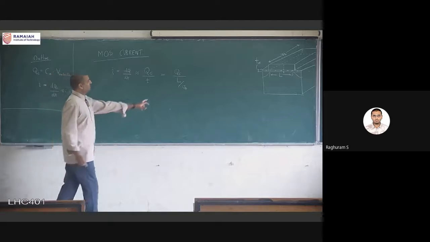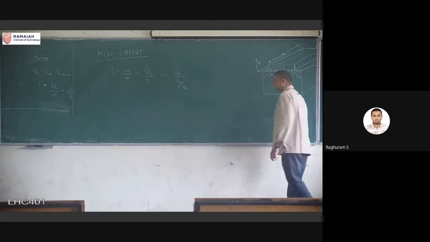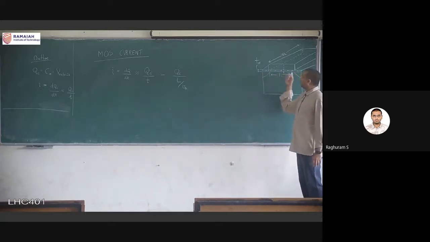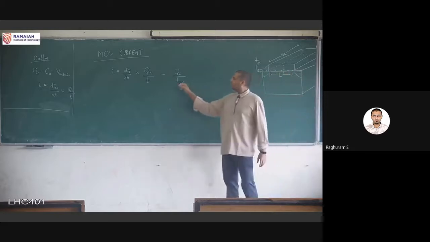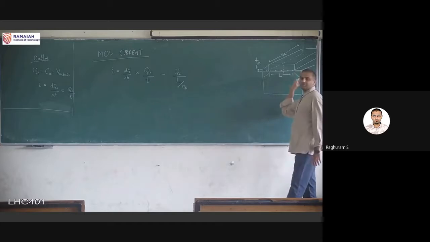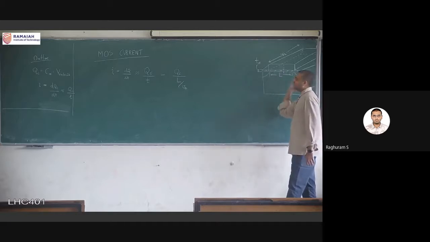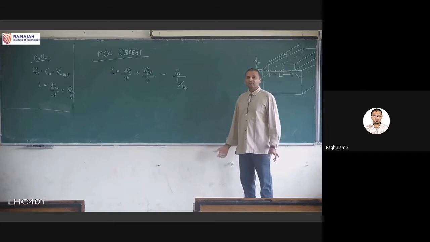Now distance: in this diagram current is flowing between the source and the drain terminals. It doesn't flow in any other direction. So what is the distance between the source and the drain terminals? It is nothing but capital L, the length of the transistor. The charges have to flow from this side to this side or this side to this side, but in either case the distance they travel is L, and then suddenly some drain source velocity.